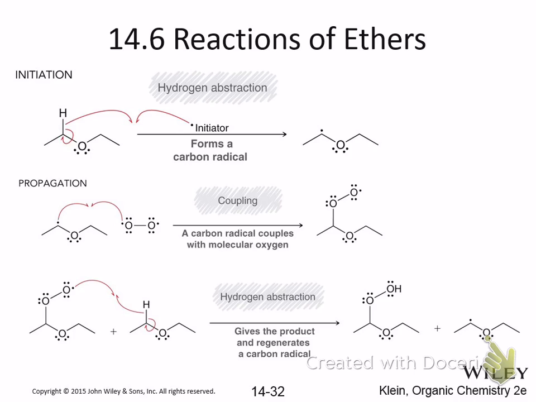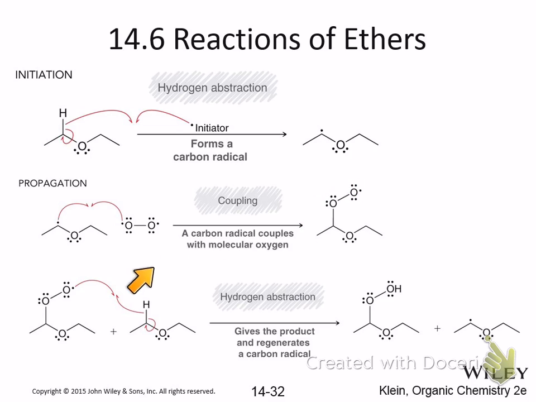Okay, so the reaction goes like this. You get an initiator. It can come from light, or it can just naturally form. The initiator forms this radical here. The thing about this radical is it's actually stabilized by resonance from the oxygen electrons. This combines with another oxygen, and forms this peroxy radical.